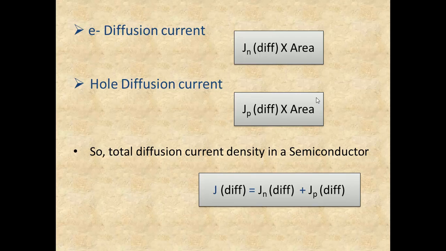Area is always by default considered as unit cross-sectional area. So the total diffusion current density in the semiconductor will be the addition of both, because they occur because of electrons as well as holes.